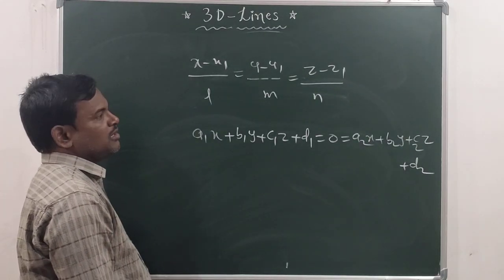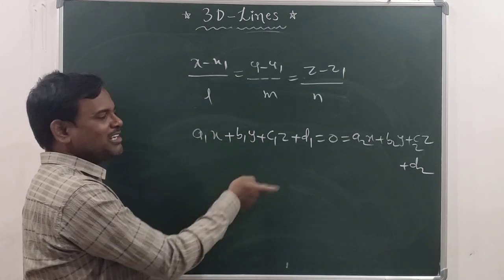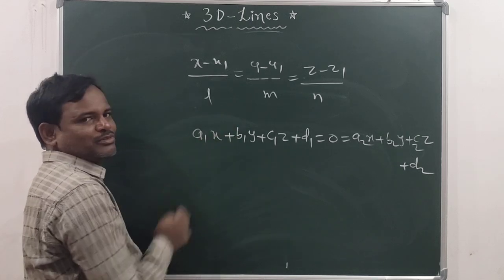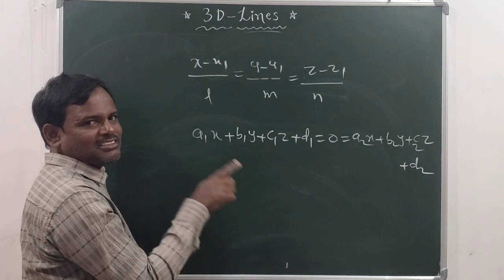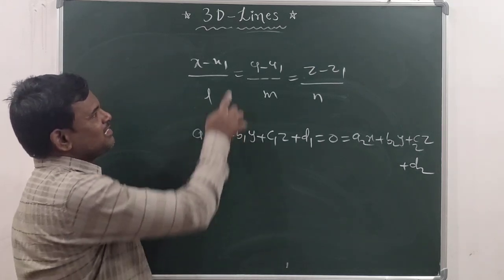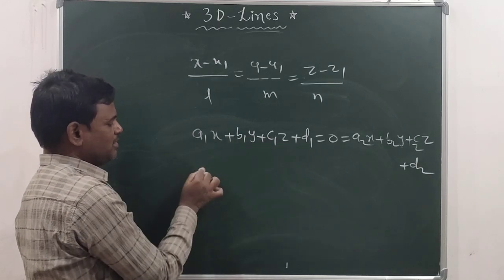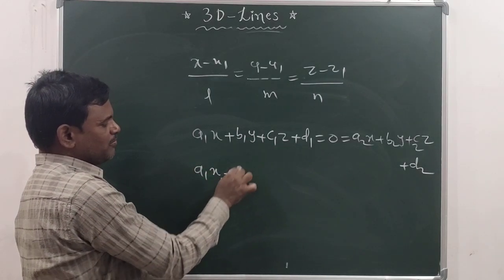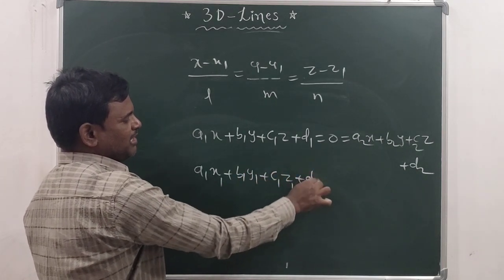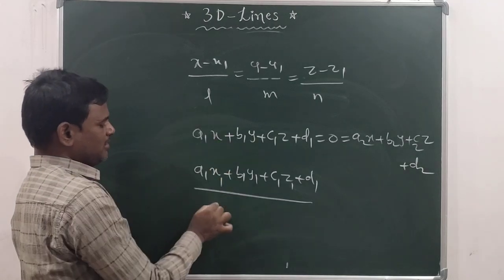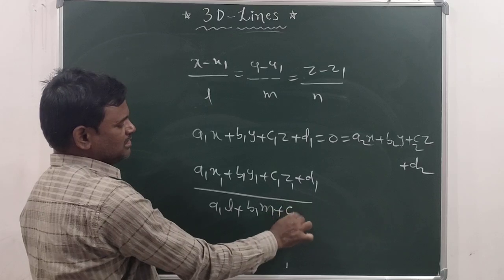Okay students, now this is a line in symmetrical form. This is also a line but in unsymmetrical form. Do both belong to the same plane or not? Are both coplanar lines or not? How do you check? See, this x1, y1, z1 you need to substitute in the first plane equation. So a1x1 plus b1y1 plus c1z1 plus d1 by this a1l plus b1m plus c1n.